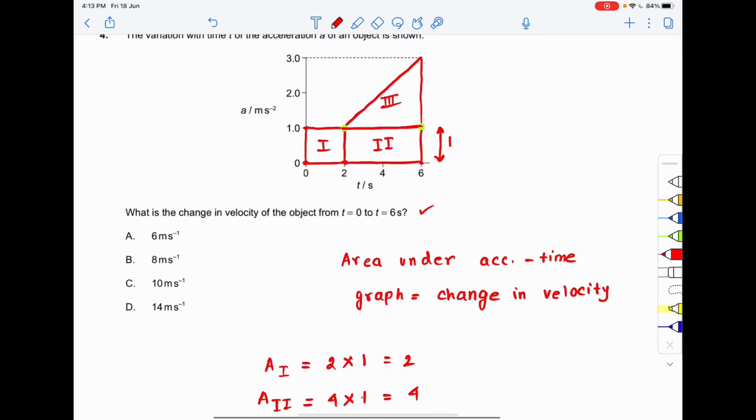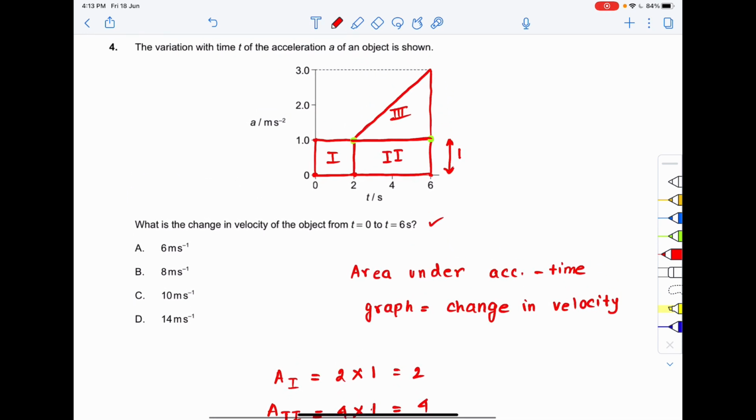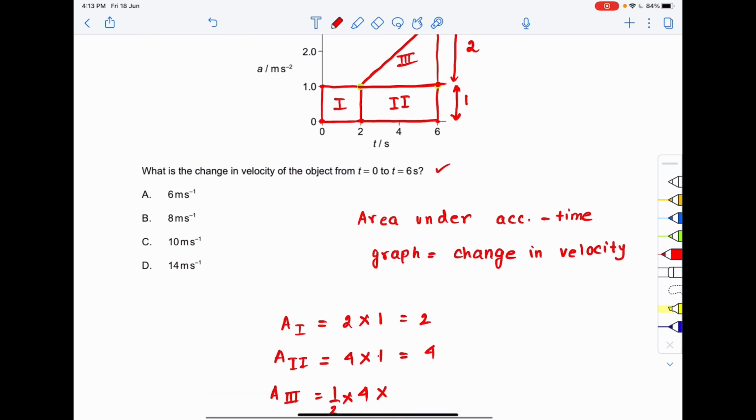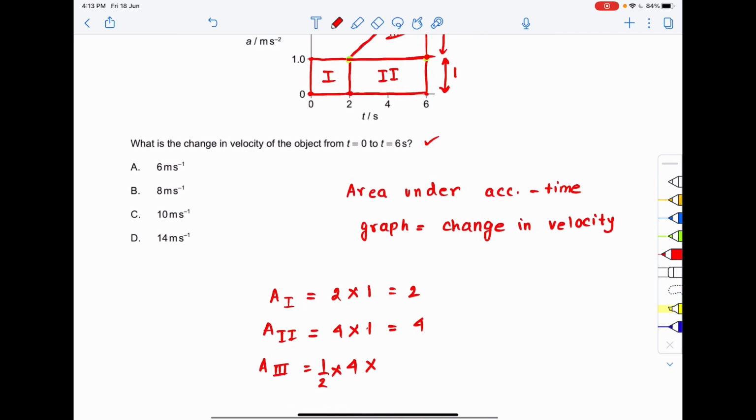The height spans from acceleration equal to 1 to acceleration equal to 3, so the height is 2. So area 3 is half into base into height, half into 4 into 2, which is equal to 4.